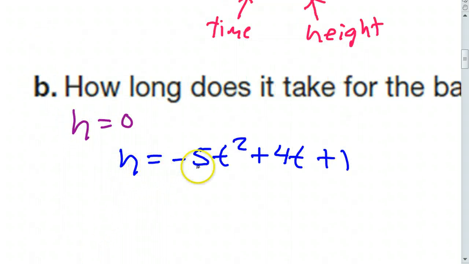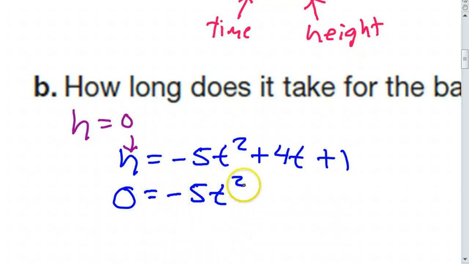So since this is the formula for height, and the one thing I know is that the height is 0, I'm going to go ahead and let the height be 0. So that means this equation is going to become 0 equals negative 5t squared plus 4t plus 1.